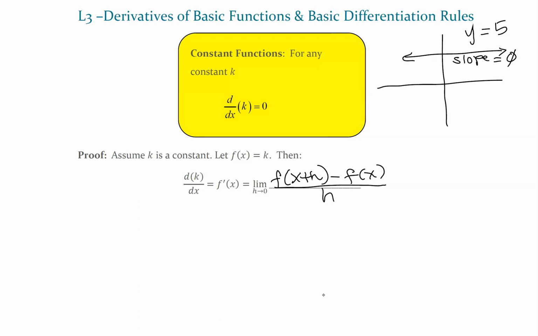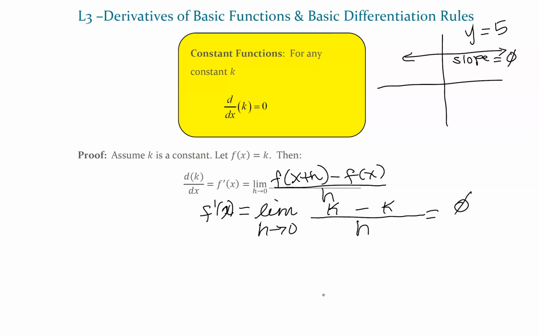Since the function is a constant, you will just have k minus k over h, which is 0 divided by h, which is 0. So the limit as h goes to 0 of 0 is 0. We have just proven that the derivative of a constant is 0.